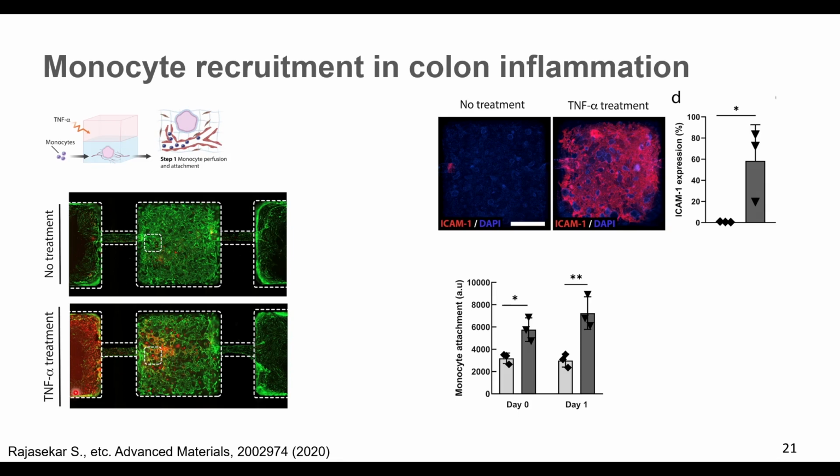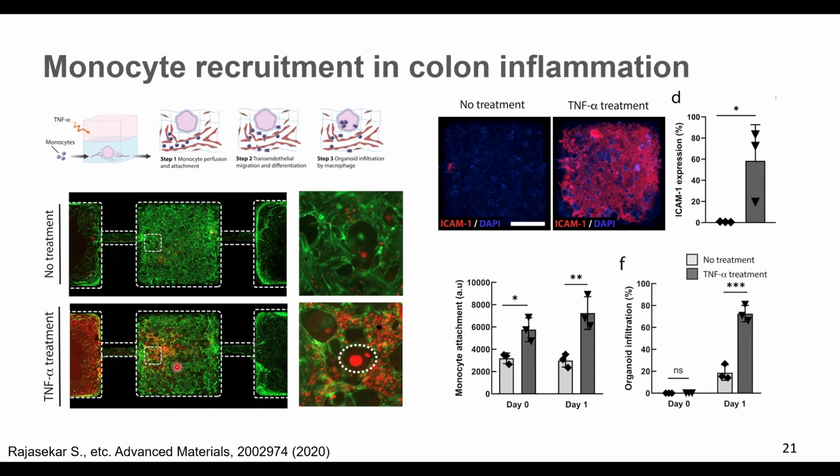And so again, you see the TNF-alpha treated groups where the vasculatures are activated. The red monocytes then, as they go through the vessel, get trapped in the vessels. And then the next step is the monocytes need to migrate across the vascular barrier and enter the lumen of the colon. And that's what we see here, the red-colored monocytes.